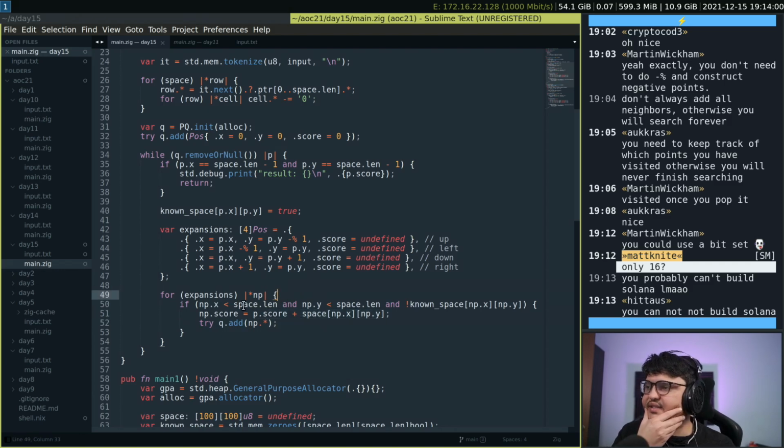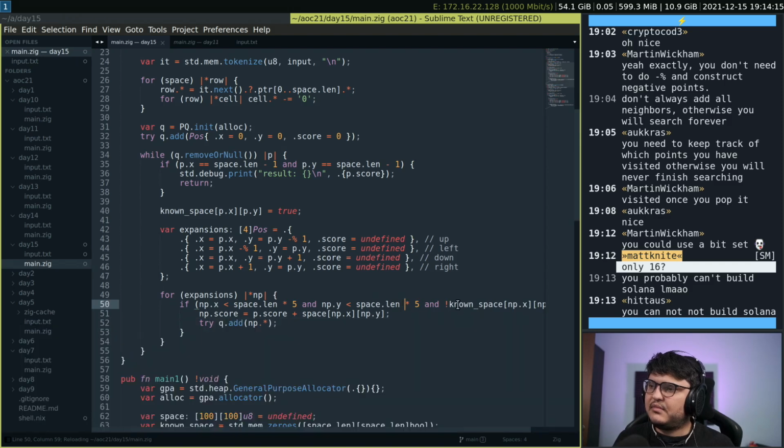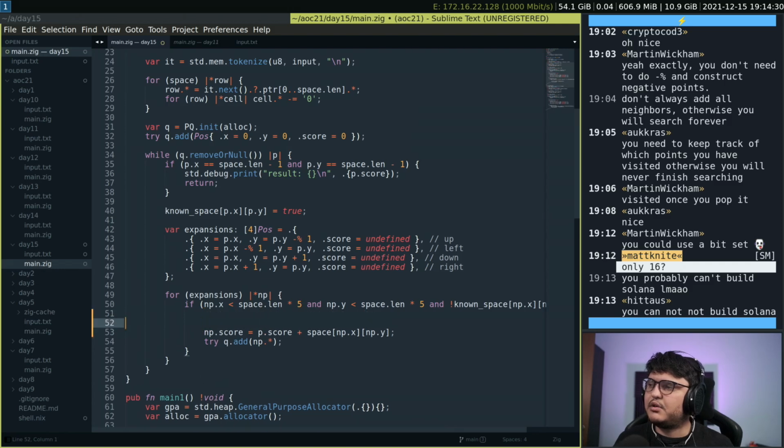So we're getting these coordinates. Now it's not just that the x and y need to be lower than space.len, but they need to be lower than space.len times 5 and lower than y times 5. They must not be known space. And now what is the score? The score is the score for P. Yes, but now it's more complicated, right?